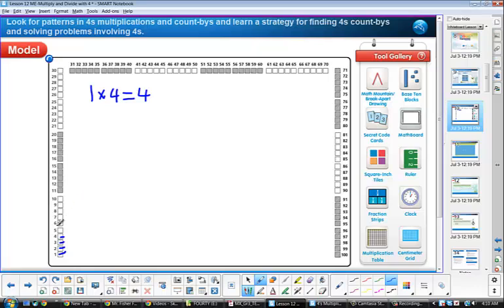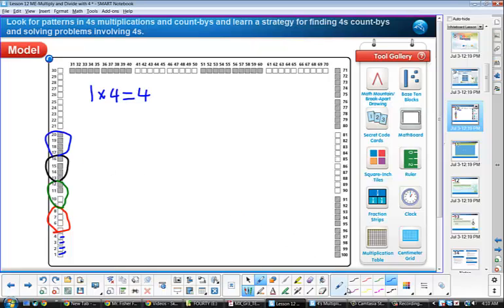Well, we can count up, let's change the color, another 4, 1, 2, 3, 4, and we get 8. Count up another 4, we get 12. Count up another 4, we get 16. Count up another 4, we get up to 20.